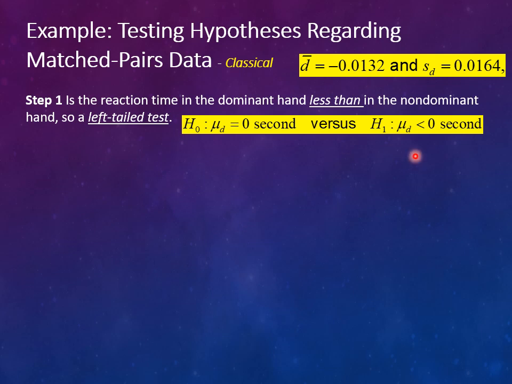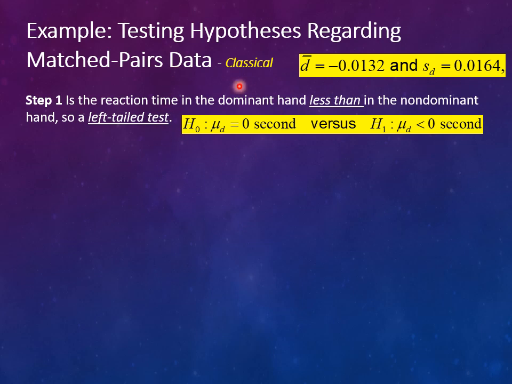But Professor Neal believes that the dominant hand should be quicker or stronger, and so the way we're doing the difference, dominant minus non-dominant, this would result in a negative number. Your stronger hand minus your weaker hand, your shorter time minus a longer time would give you a negative value, and so it's less than 0.